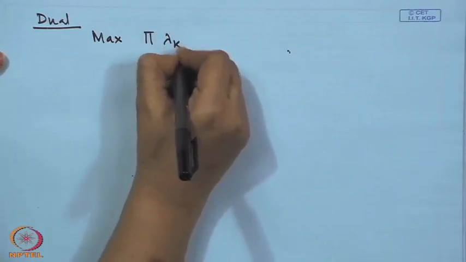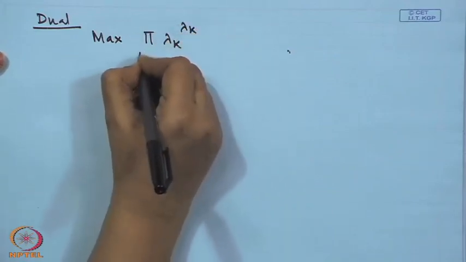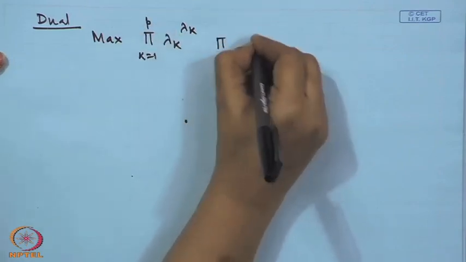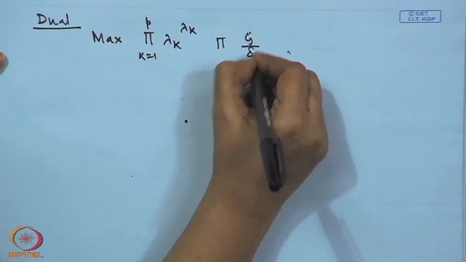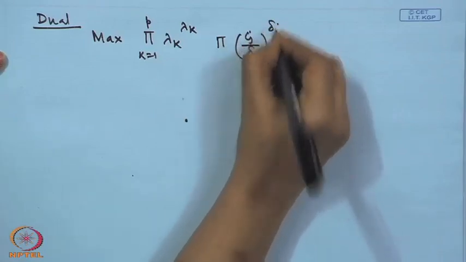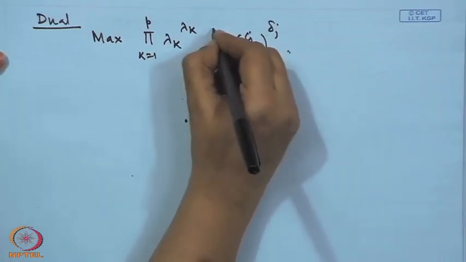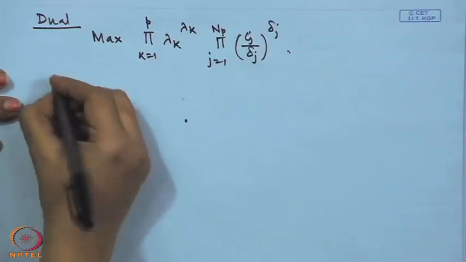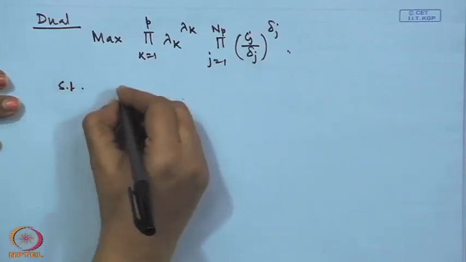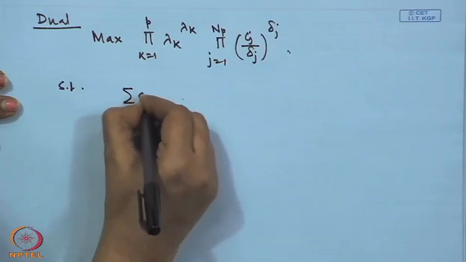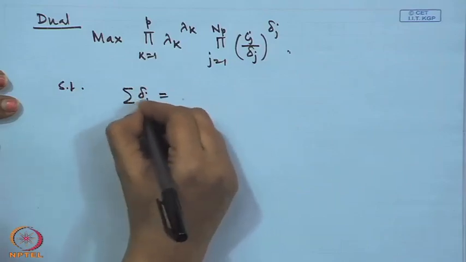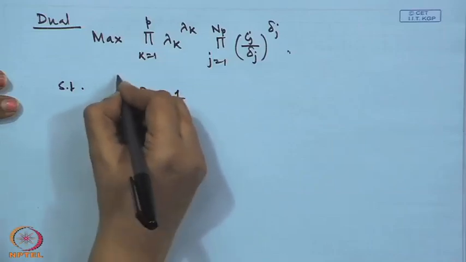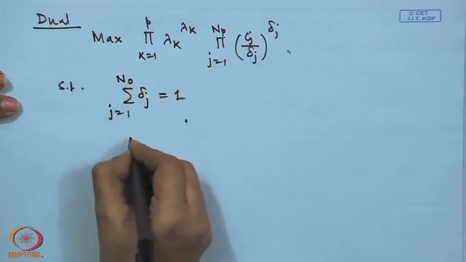product of lambda k to the power lambda k, k is from 1 to p. We will have product of Cj by delta j's to the power delta j, j is from 1 to np, alright. And subject to, we have the normality condition summation of delta j is equal to 1 for all the terms in the objective function.